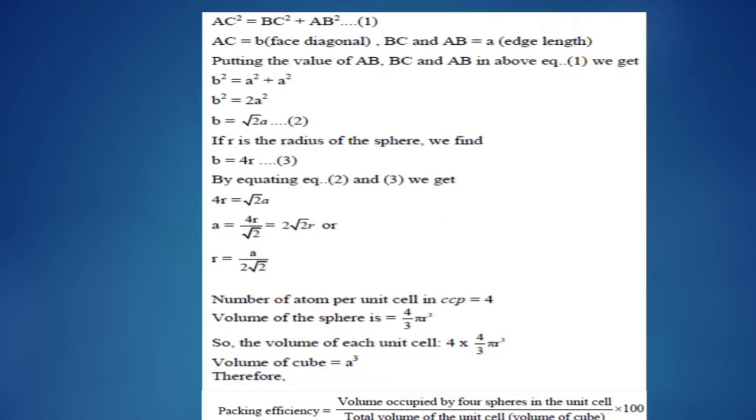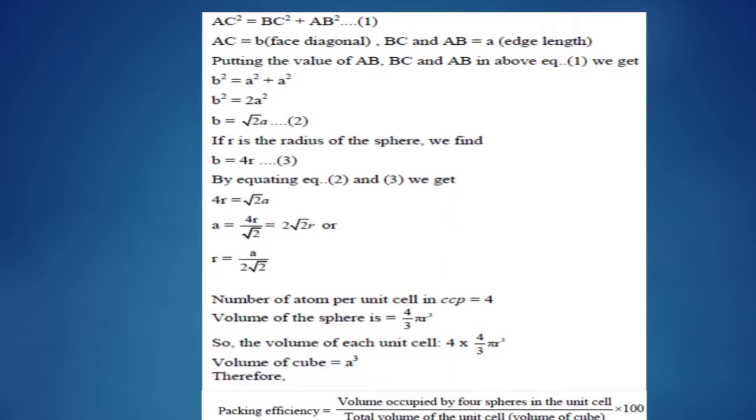Therefore, the number of atoms per unit cell in CCP or FCC is 4, and the volume of a sphere is 4 by 3 pi r cube. Therefore, the total volume of each unit cell is 4 into 4 by 3 pi r cube.